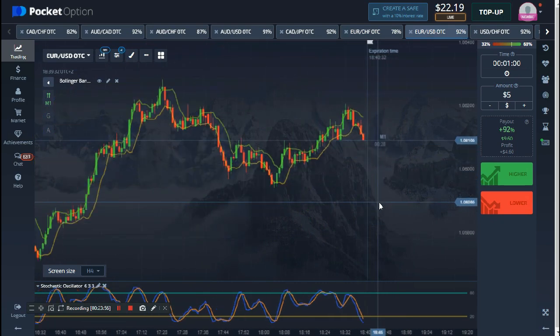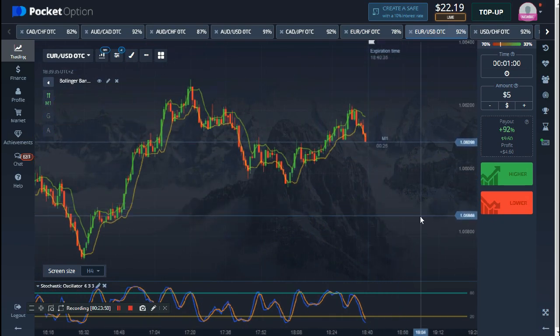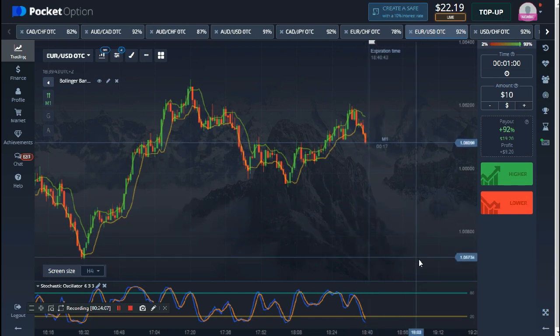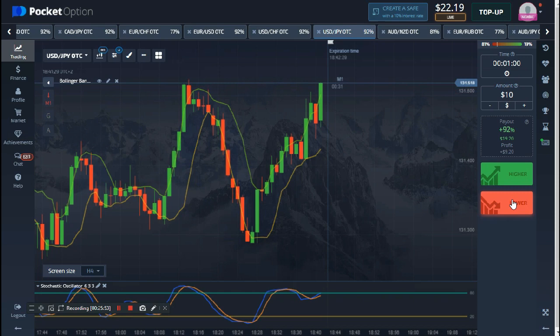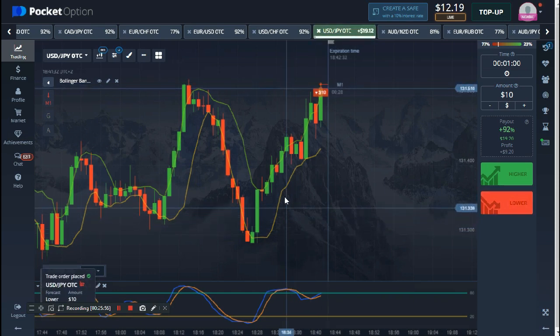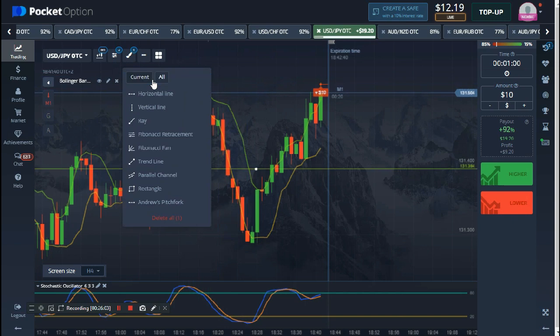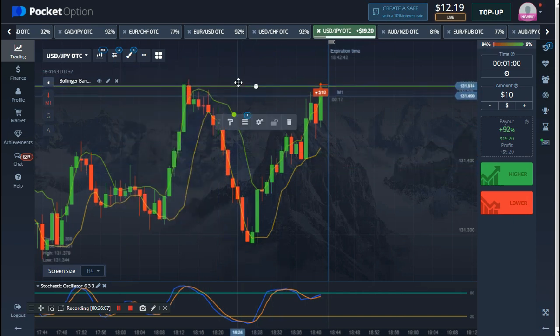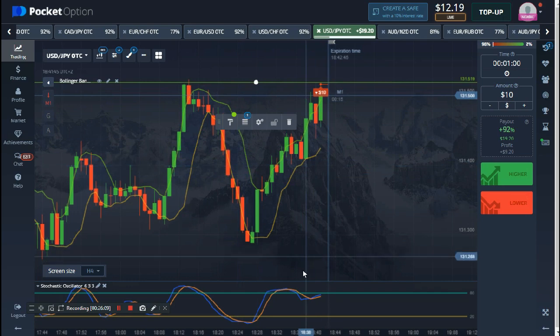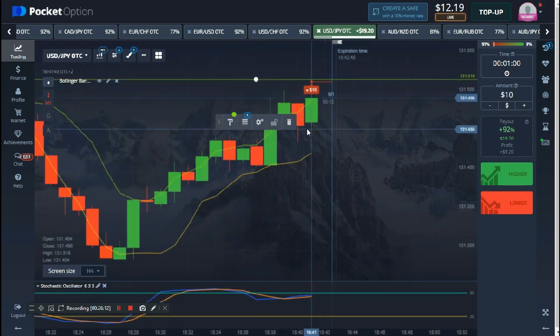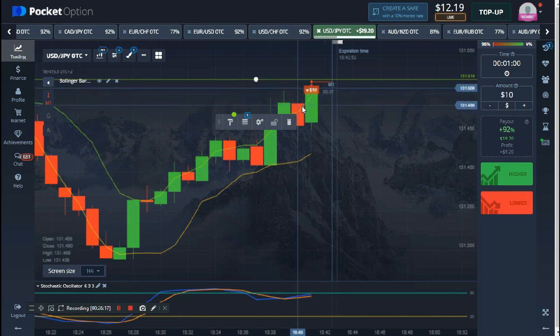So let's find another good moment for the trade, and I double my amount now. I took the trade here for lower for 1 minute because there is a resistance line here, and the green candle is crossing the above line.